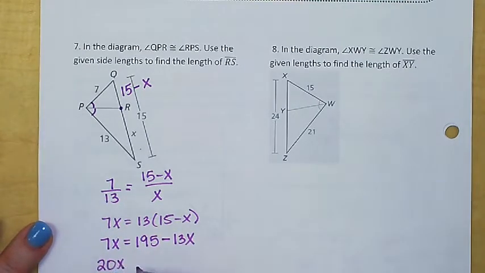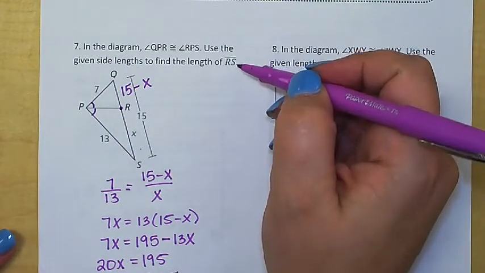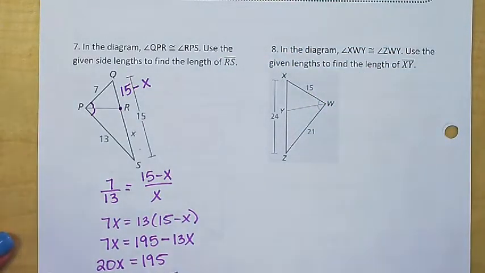That's going to give us a 20x. And then we divide both sides by 20, and we find out that x has to be 9.75 here. But that's not what they wanted. What they really want is a length of ours, oh no, that is a length of ours. Just kidding. Just ignore me. There you go. There it is.